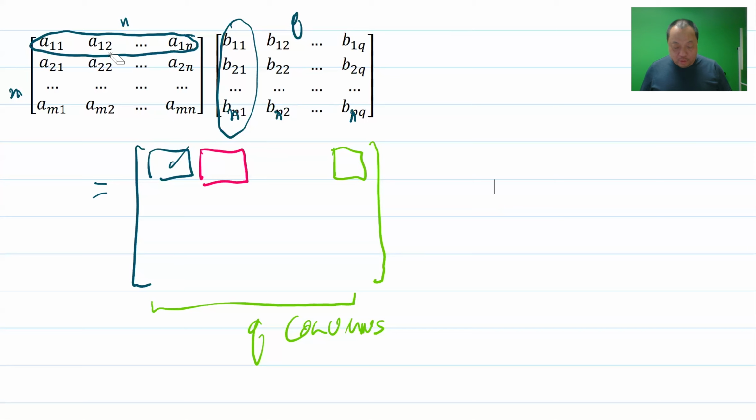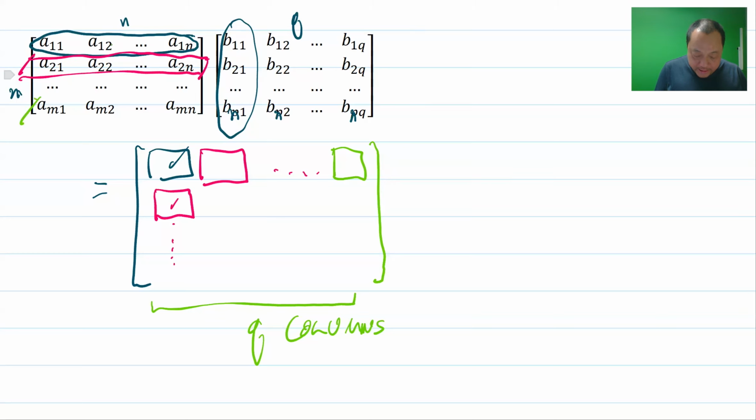Okay, let's go back to the first column, first row. Now let's multiply down the column. I take the first column, and now I'm going to multiply out this position, row 2, column 1. Then that means I'm going to need to take row 2 of A and multiply it by column 1 of B. So I get row 2, column 1 here. And then I keep going until the end. Where is the end?